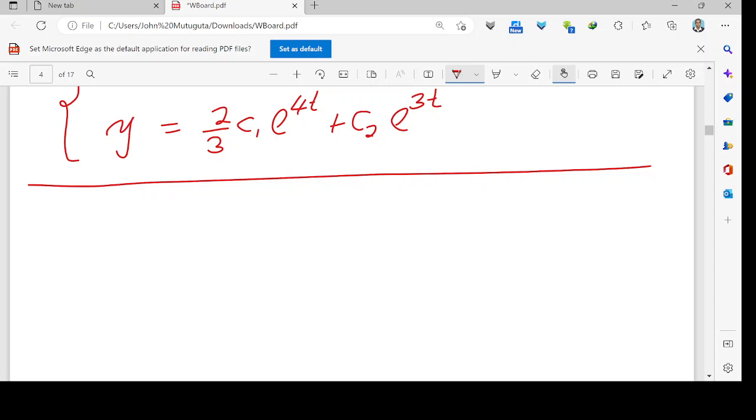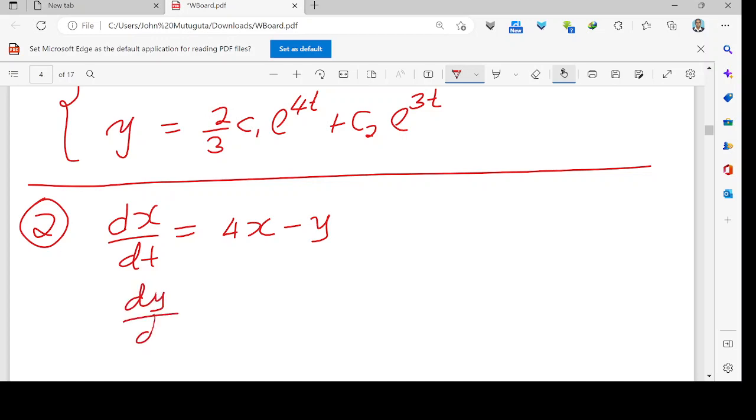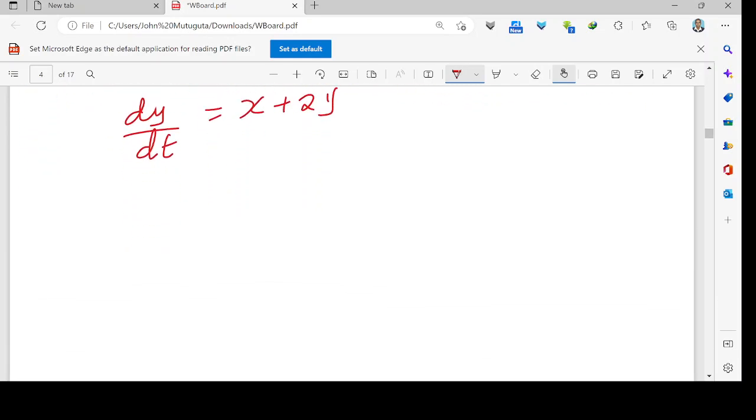This is number 2. dx by dt is equal to 4x minus y, and dy by dt is equal to x plus 2y. So we have that system.